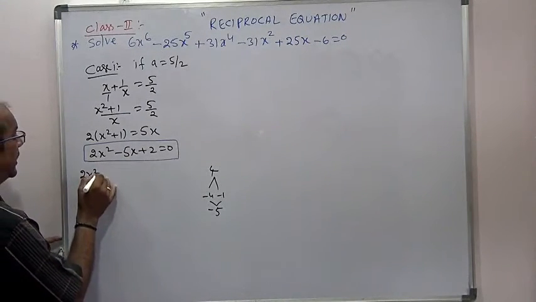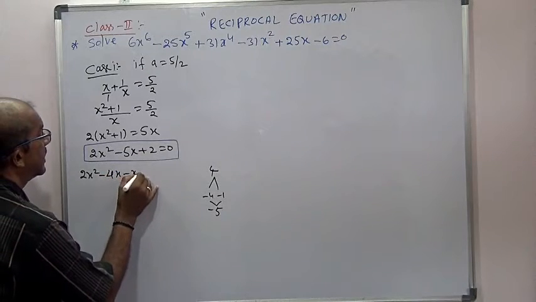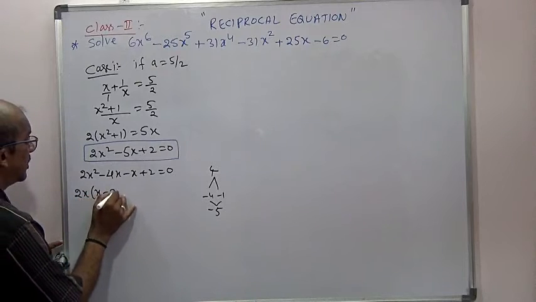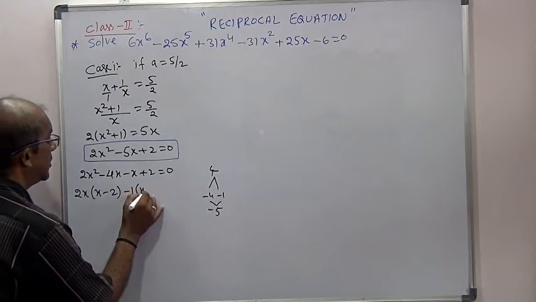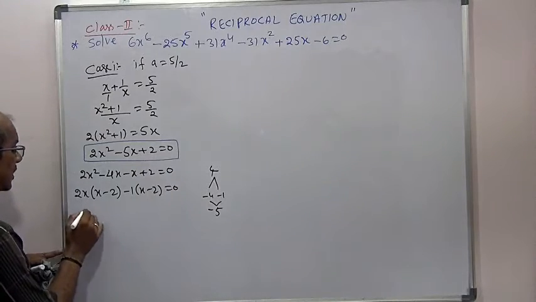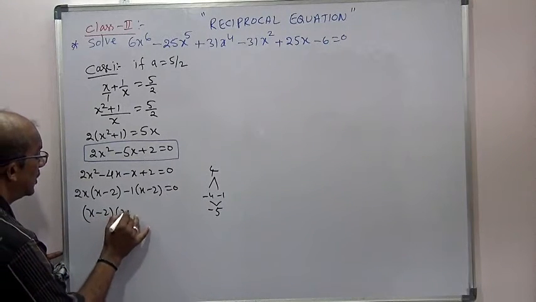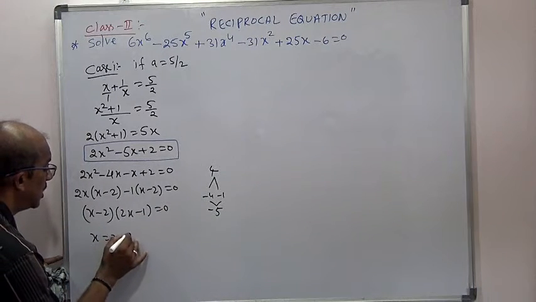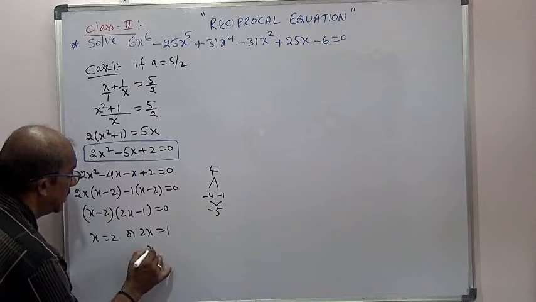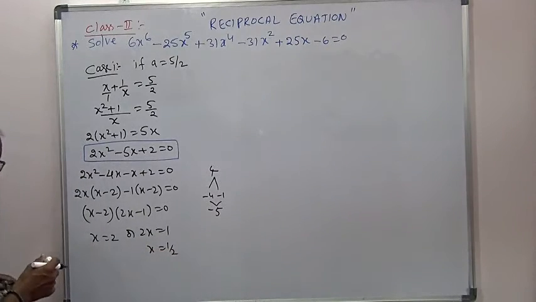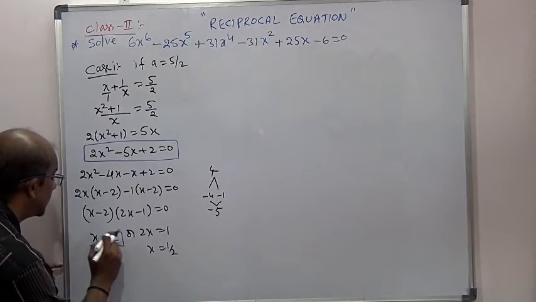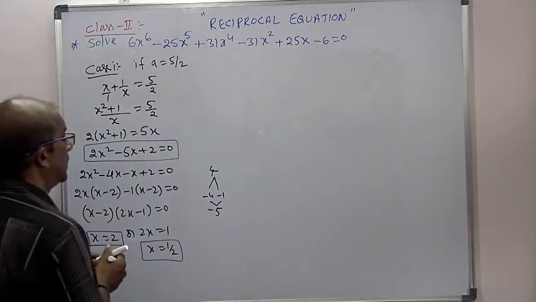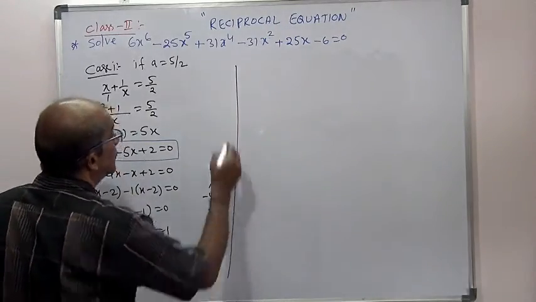So 2x square minus 4x minus x plus 2 is equal to 0. 2x take common, x minus 2, minus 1 take common, x minus 2 equal to 0, or x minus 2 of 2x minus 1, 0. So x is equal to 2, or 2x is equal to 1, x is equal to 1 by 2. Therefore x is equal to 2 is one root, and x is equal to 1 by 2 is the another root.